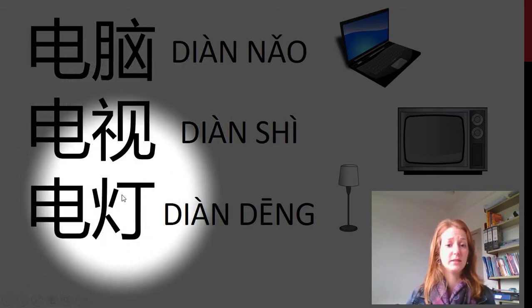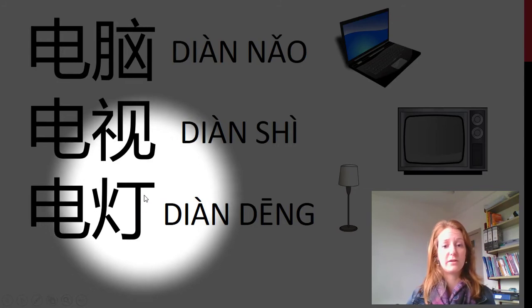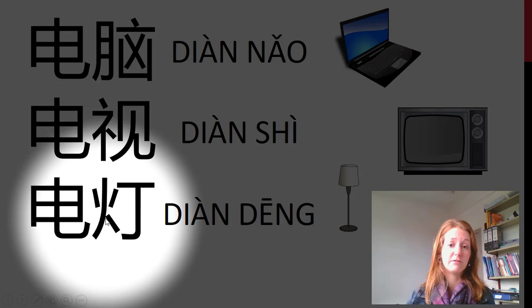And 电灯, this radical on the right hand side is 丁, and that's where you get the sound part. But the radical on the left is the fire radical. How does fire have anything to do with the light?